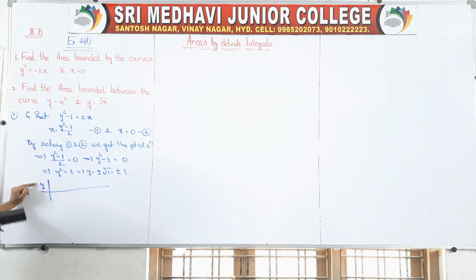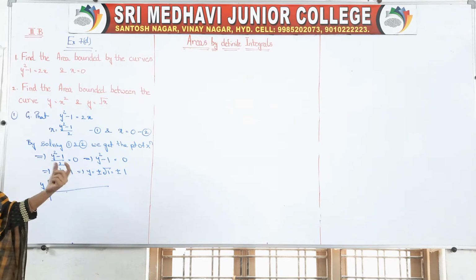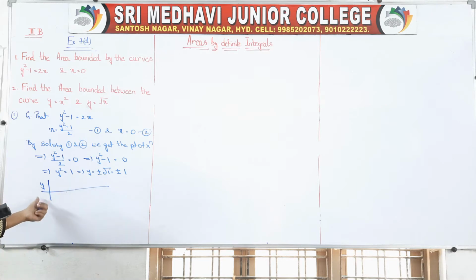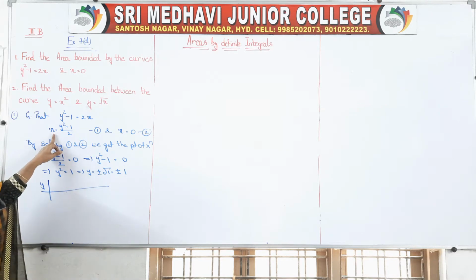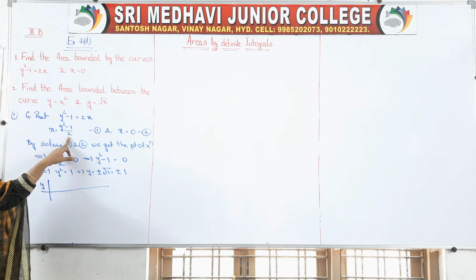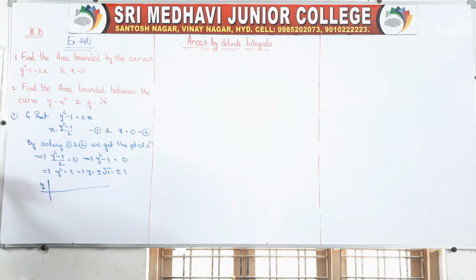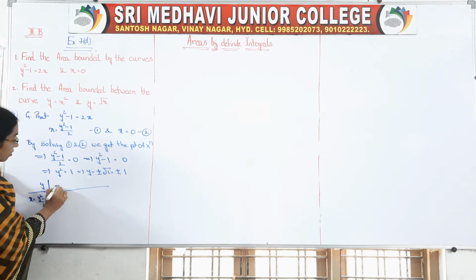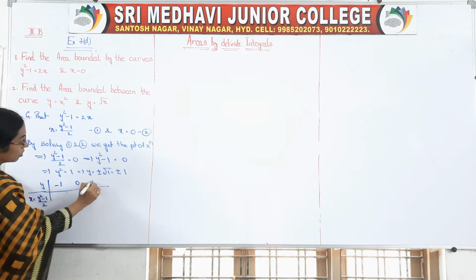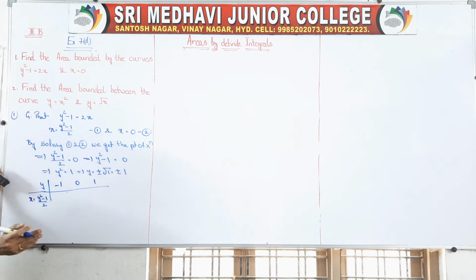But here it is a little different. We derived the y values and the curve equation is x in terms of y. So what is your curve equation? x is equal to y square minus 1 by 2.